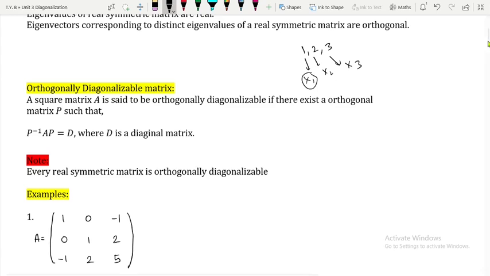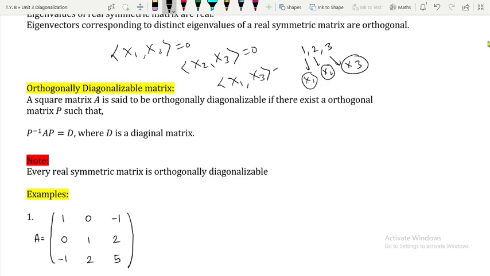All these eigenvectors will be mutually orthogonal. What do you mean by orthogonal? Two vectors are said to be orthogonal if their inner product is equal to 0. So the inner product of x1 with x2 will be 0, of x2 with x3 will be 0, and of x1 with x3 is also going to be 0.